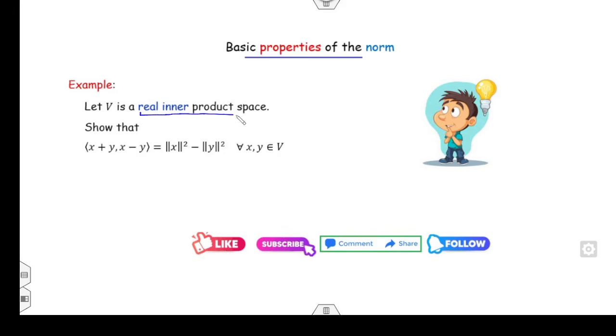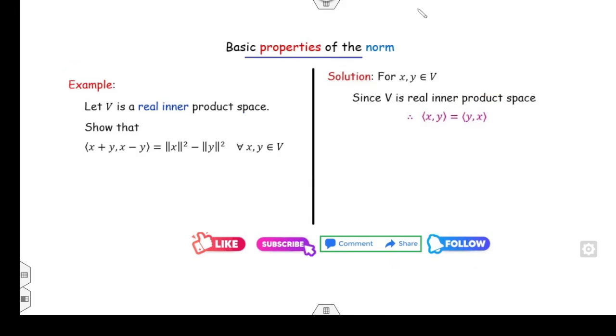First of all, it is given as a real inner product. Real inner product means that the value will be the same. If it were not real, then it must be the complex conjugate. But for the real case, the complex conjugate of any element is the same element. Clear? Now start from the left hand side: x plus y comma x minus y. First of all, children, learn to write this, because the whole property depends only on writing. How will we do it? First we take this x with both, that is x comma x. Fine. This negative x and y.